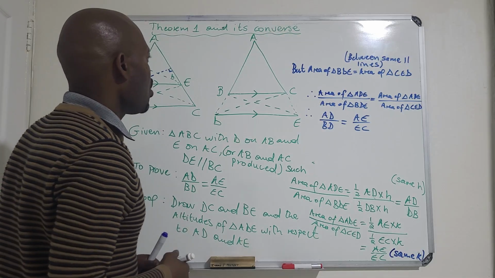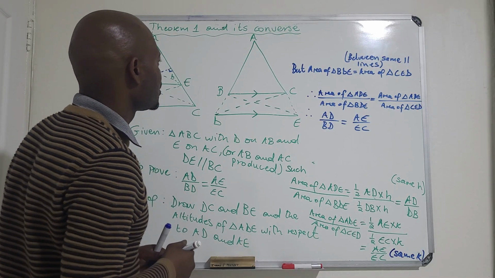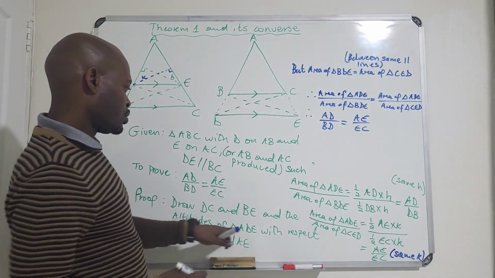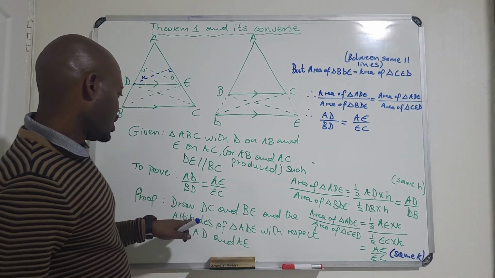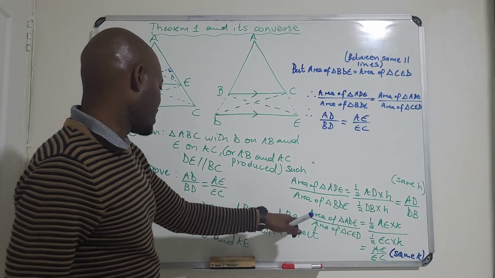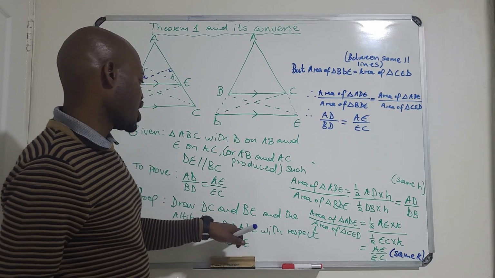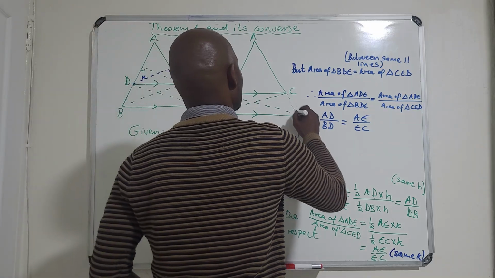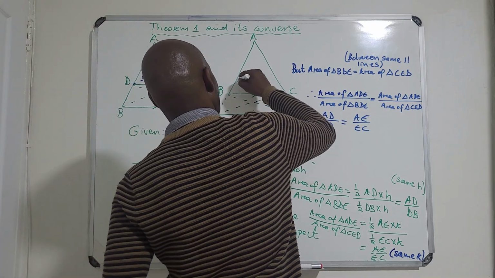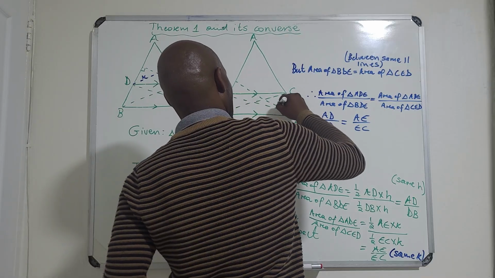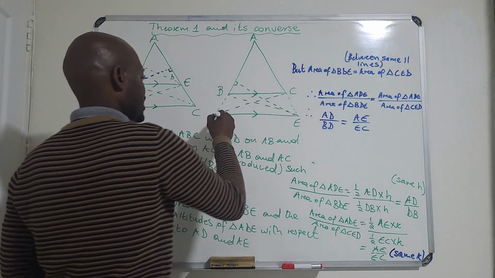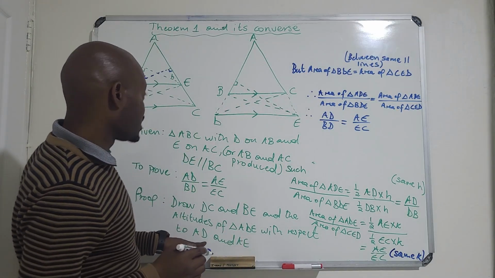Now, we are also going to draw the altitudes. We also draw the altitude of triangle ADE. Therefore, there is my altitude with respect to AD.